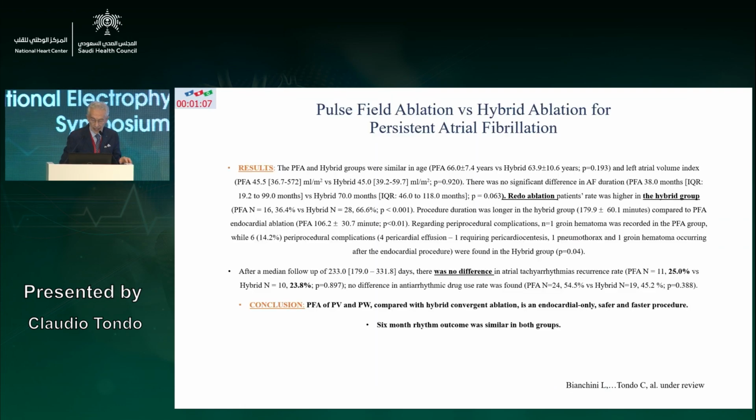To be practical, the conclusion is that PFA of the pulmonary veins and posterior wall, compared with hybrid convergent ablation, which is epicardial plus endocardial, while PFA is endocardial only, is safer and a faster procedure. The 6-month rhythm outcome, a very short clinical follow-up but still there, was similar in both groups.